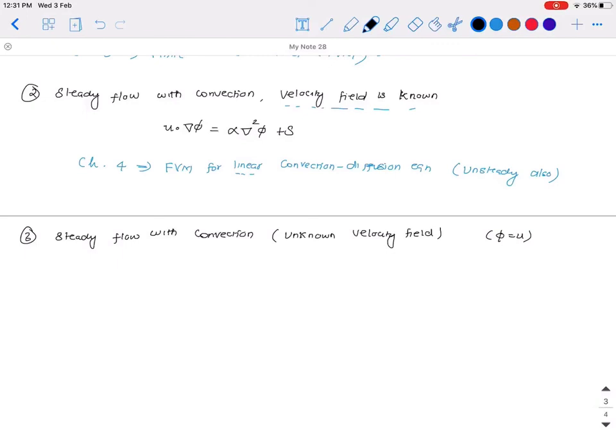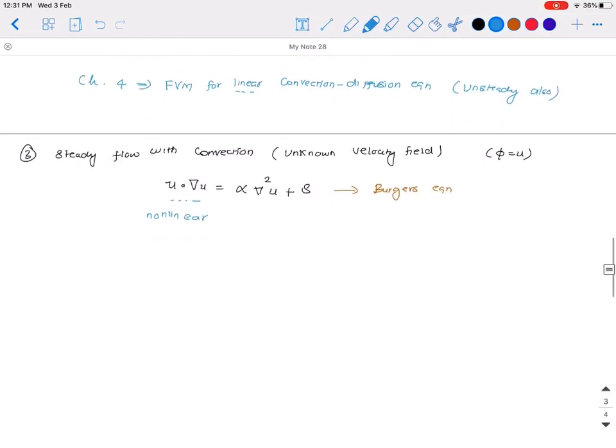So now we have u dot del u equals alpha del squared u plus s. This famous equation is called Burgers' equation, and the convective term here is non-linear and it mimics the non-linear convective terms of Navier-Stokes equations.